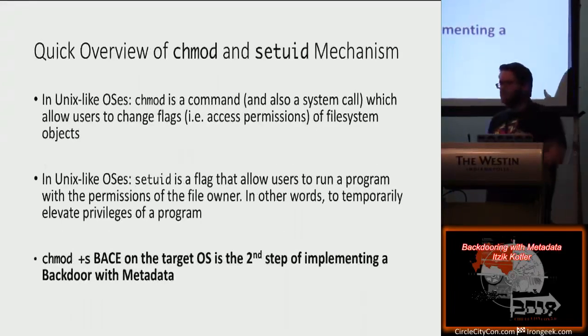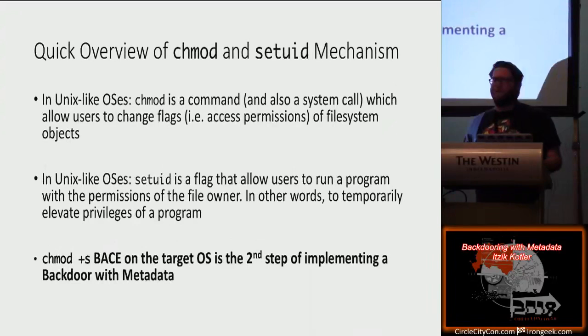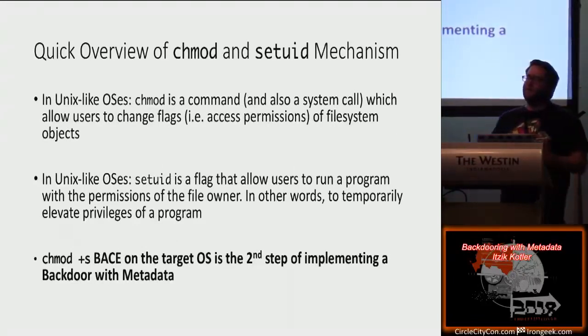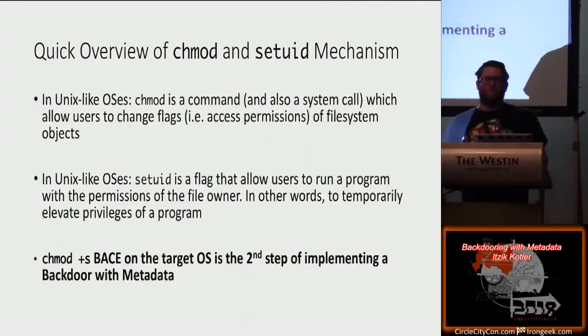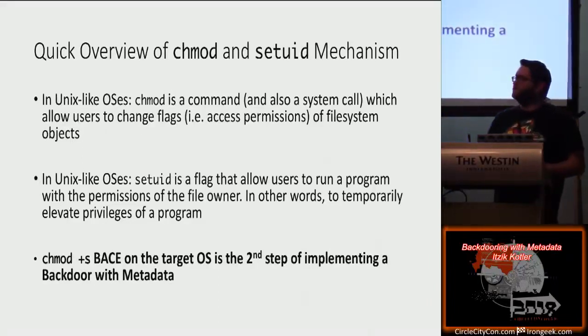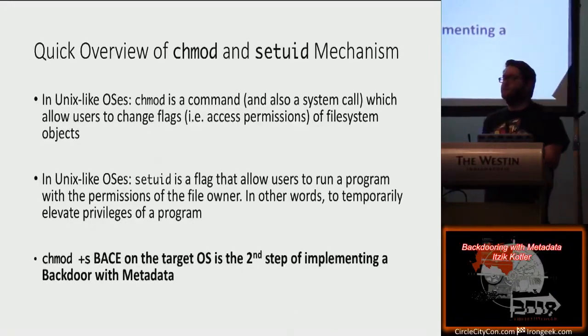The second part is completely different and dissociated from the BACE binaries. Let's talk a little bit about the Unix kernel and the implementation of impersonation within the Unix operating system. The problem is that in the beginning, of course, there were the root users and other users who needed, simply said, root access to perform certain actions.